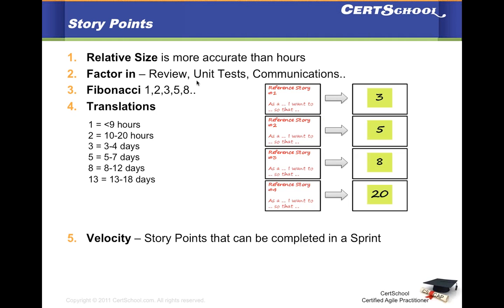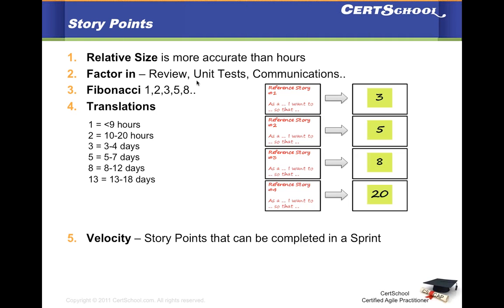So, a few webinars ago somebody asked a very good question: how do you know when your story has a very high estimate, or is your story small enough? So it goes back to the nature of the story.